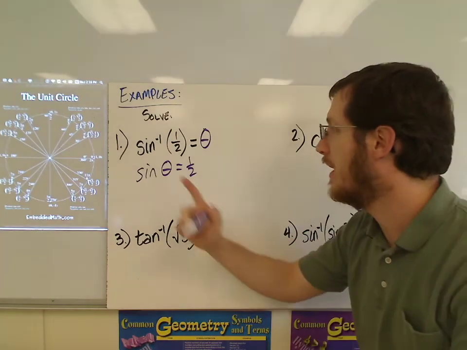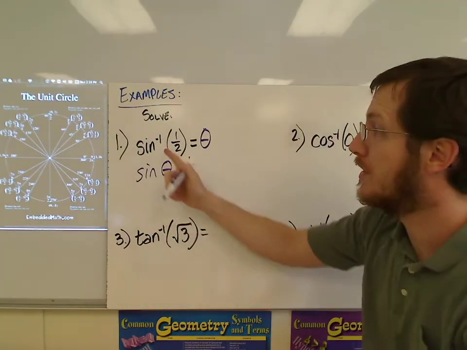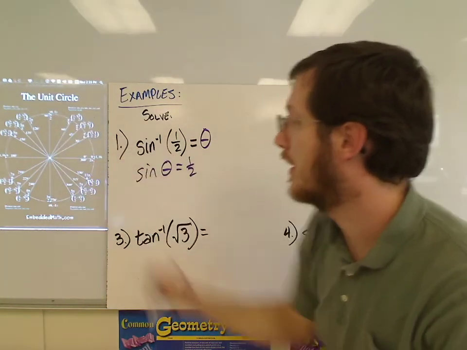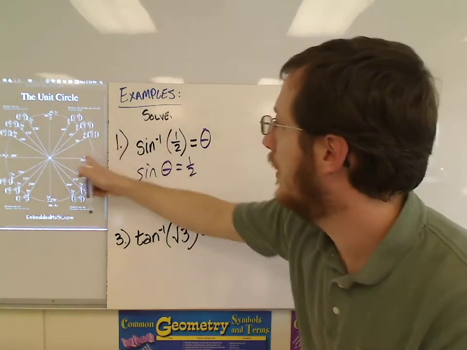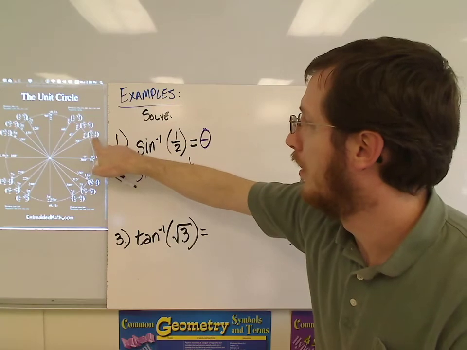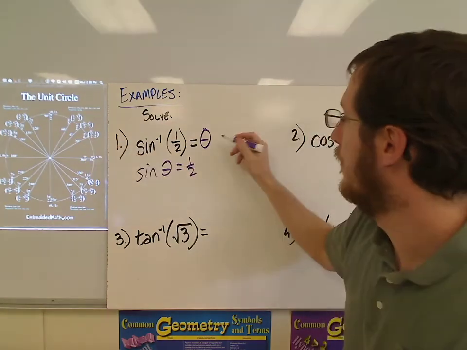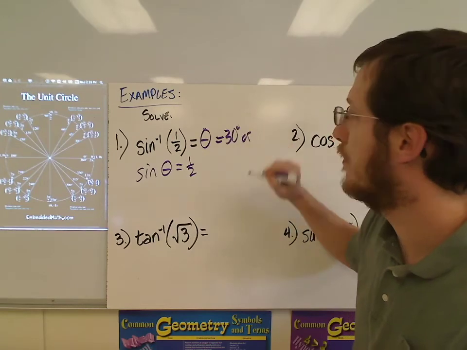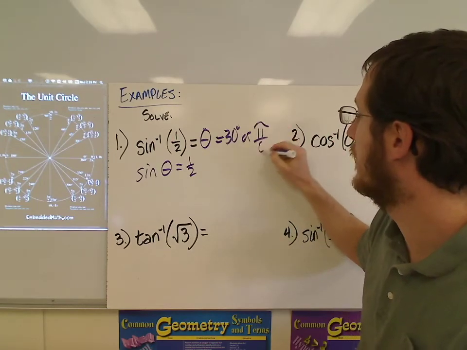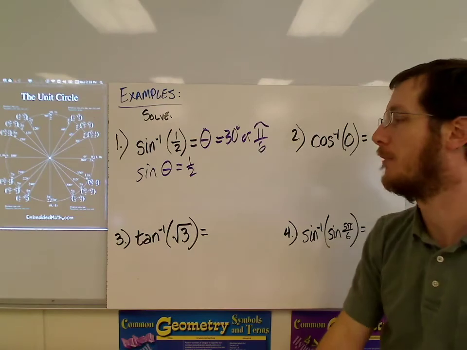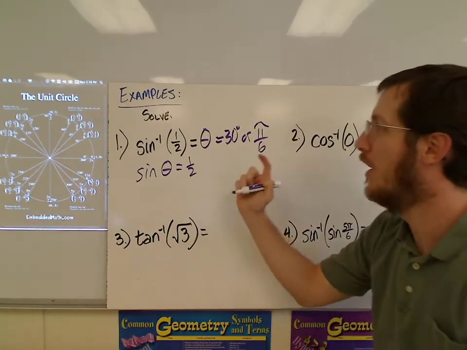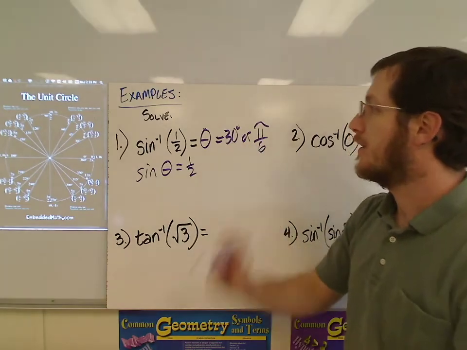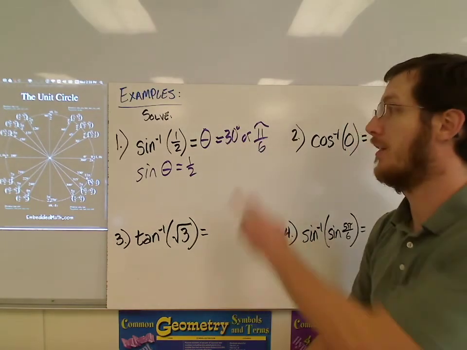What is that angle? And remember, for sine it's got to be between 0 and pi over 2, or 0 and negative pi over 2. So sine of 1/2, that looks like our 30 degrees, or in radians, pi over 6. We'll do radians from here on out. Make sure you look at the directions, which will specify which units. If not, then you can choose either one.